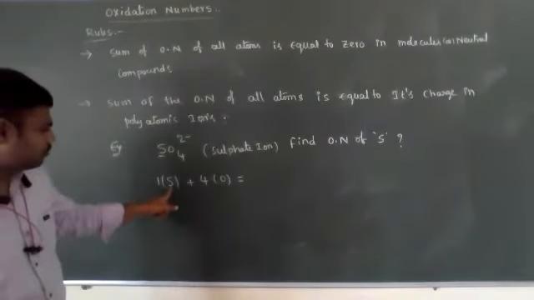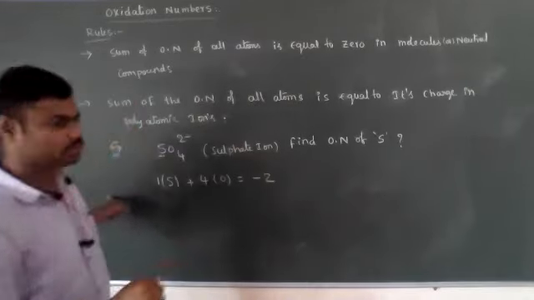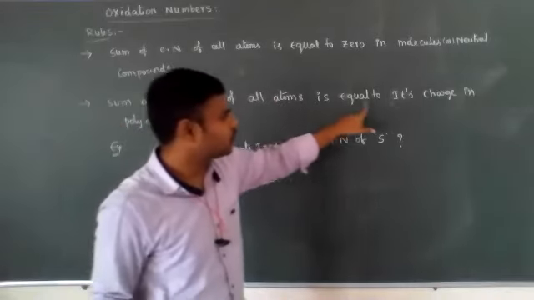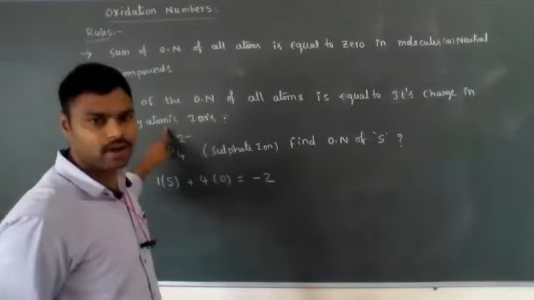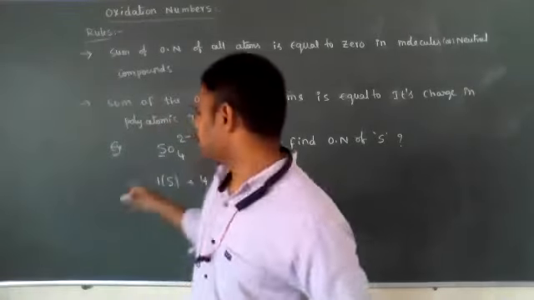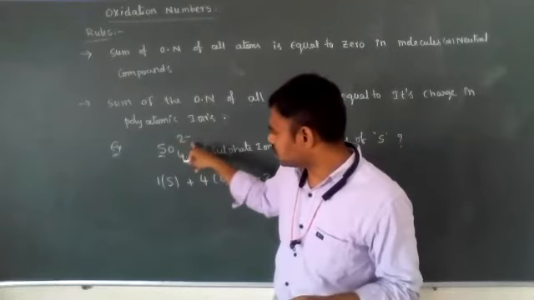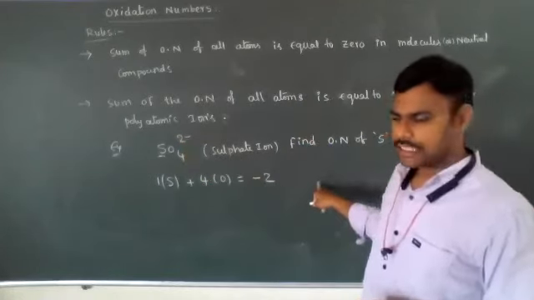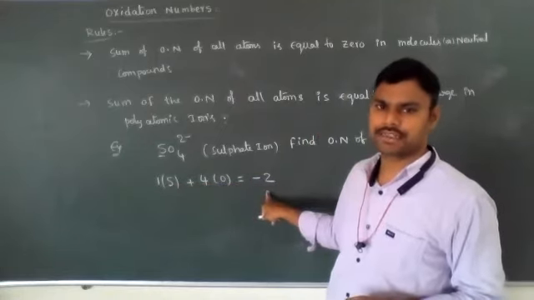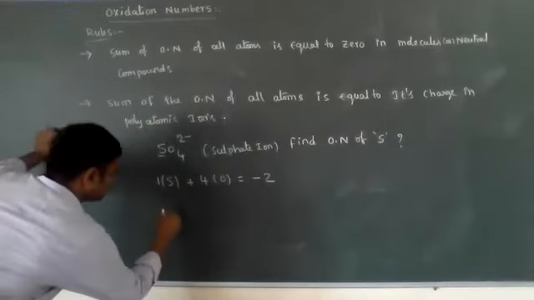The sum of the oxidation numbers of sulfur plus 4 oxygen atoms is equal to minus 2. This is the rule: the sum of the oxidation numbers of all atoms is equal to its charge in polyatomic ions. Sulfate ion, SO4 2 minus, is a dinegative ion. What is the charge on this ion? Minus 2. That's why the sum of the oxidation numbers of all atoms is equal to minus 2.